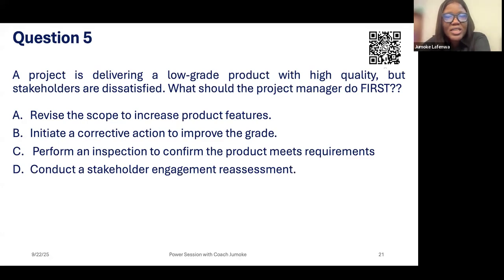D, conduct a stakeholder engagement reassessment. Everybody should try and answer.